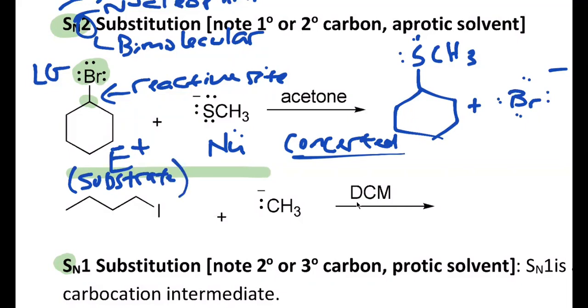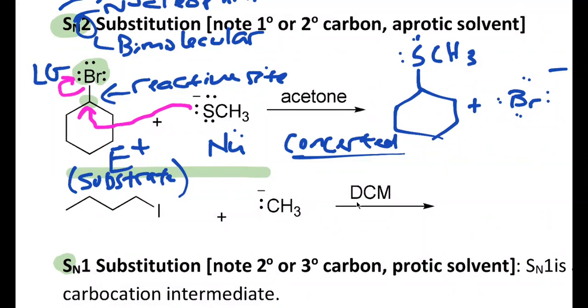That's my substrate, the place where the reaction is going to happen. And what we mean by concerted is that the nucleophile is coming in and the leaving group is leaving, and it's all happening at the same time. So this is coming here, and then this is coming here.